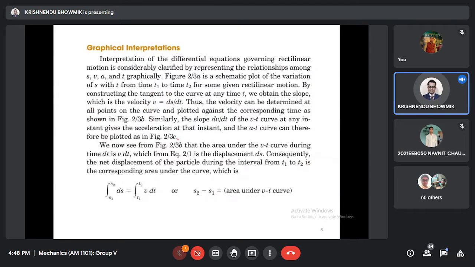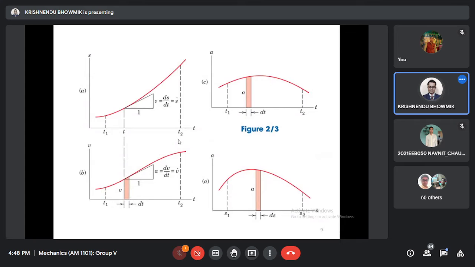Now, what is the graphical representation of this? Or as I told, that dv ds type of relationship. First of all, to start with, you know that a equal to dv dt means this is the slope of the curve.